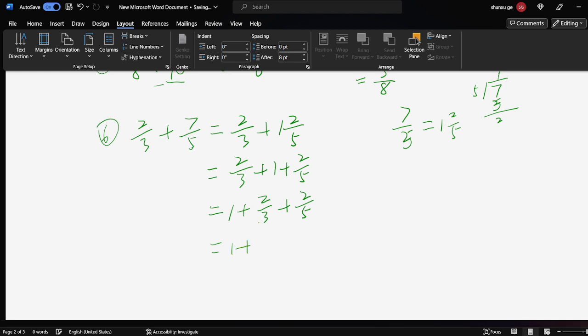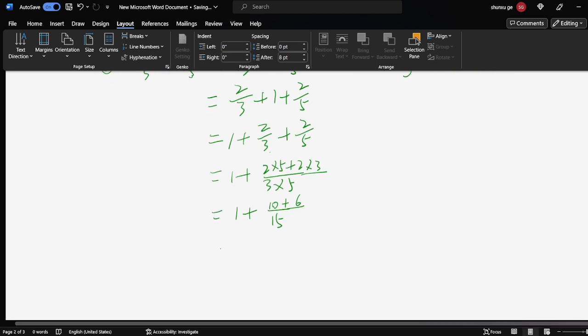We make a common denominator. 3 times 5 is 15. 2 times 5 plus 2 times 3. Okay, 1 plus over 15. So 2 times 5 is 10 plus 6. 2 times 3 is 6.